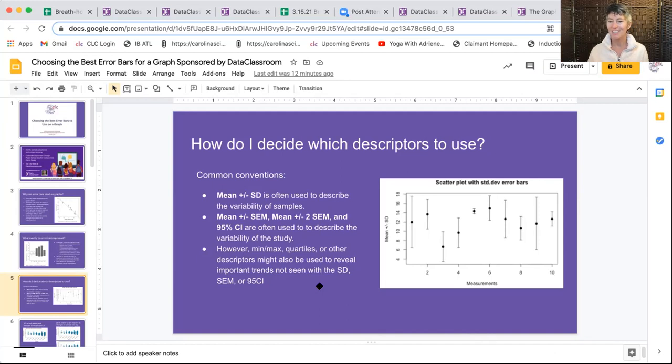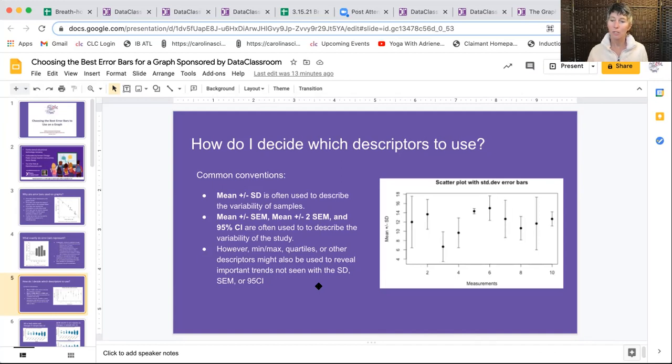Those are just conventions. It's entirely possible that the error bars might be chosen with another descriptor, such as min-max or quartiles or any other description of their data, real or actual data points or abstract data points that are pooled together to describe the set.